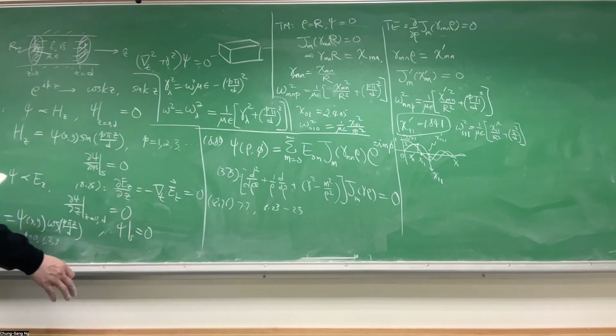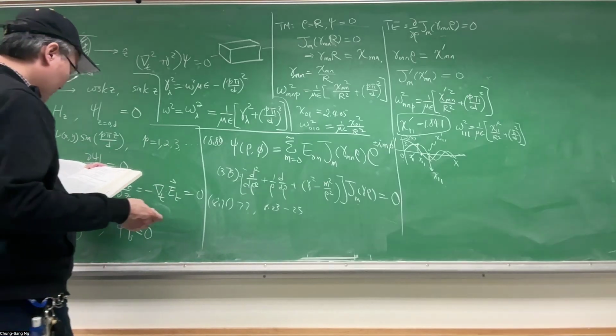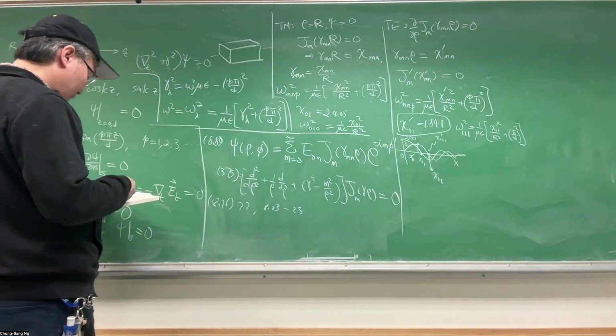You are using sine and cosine, cosine kz and sine kz. And so you just change that to either. So ET and HT will pick up the sine and cosine according to this equation, and then once you figure that out, the rest is similar to what we had in the waveguide.